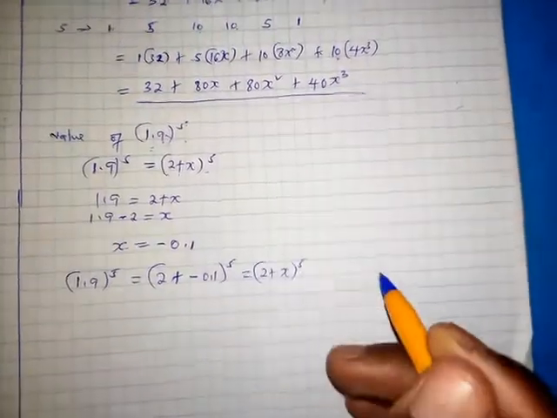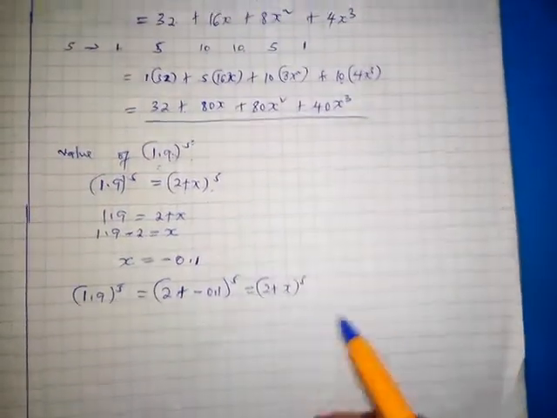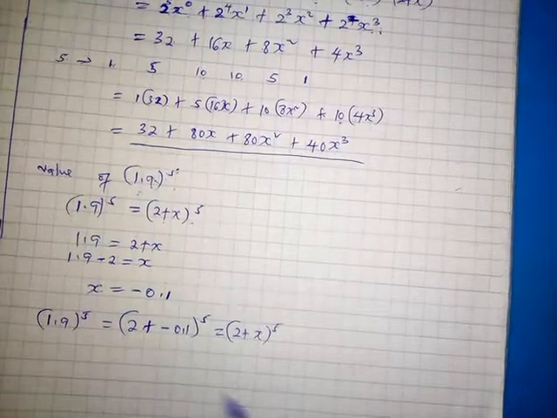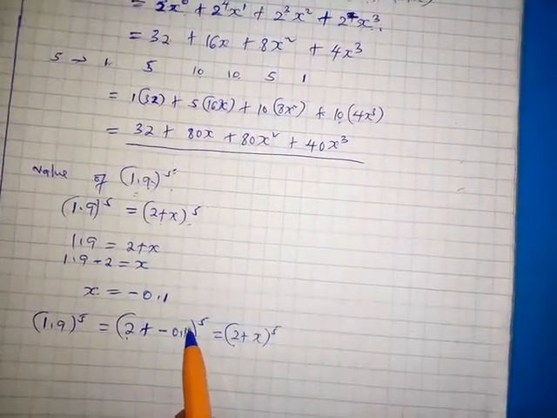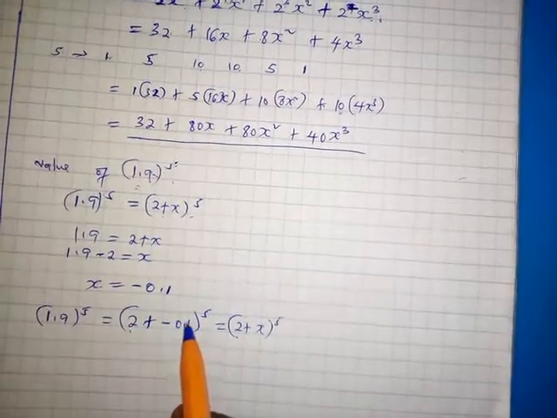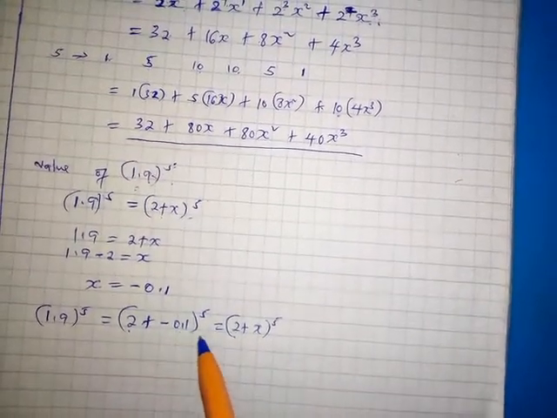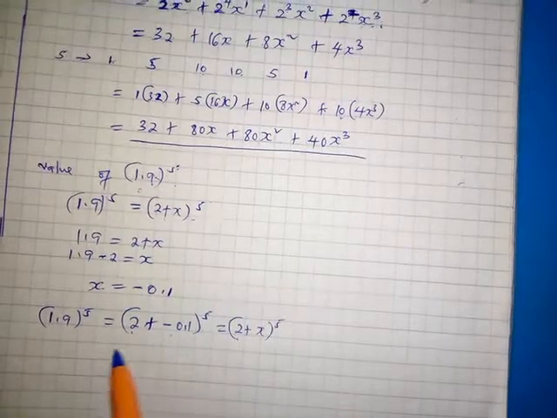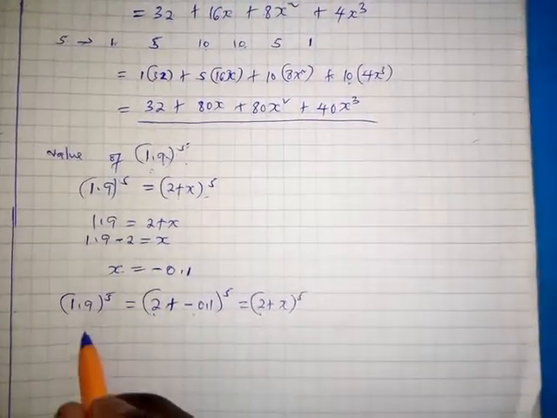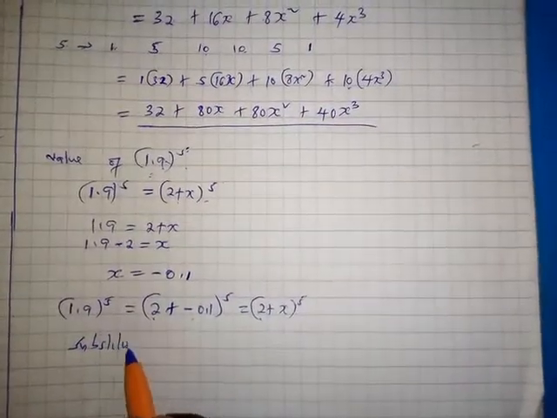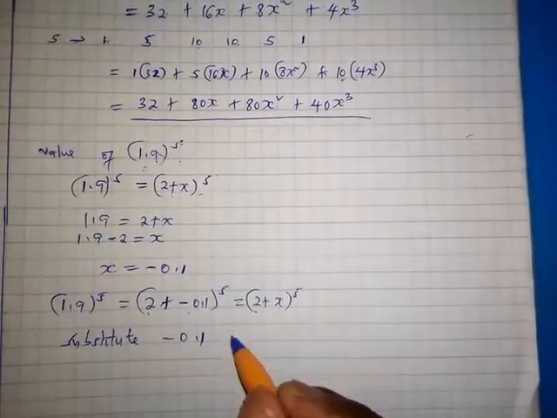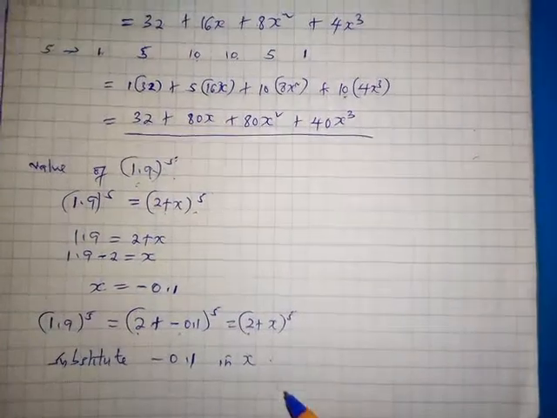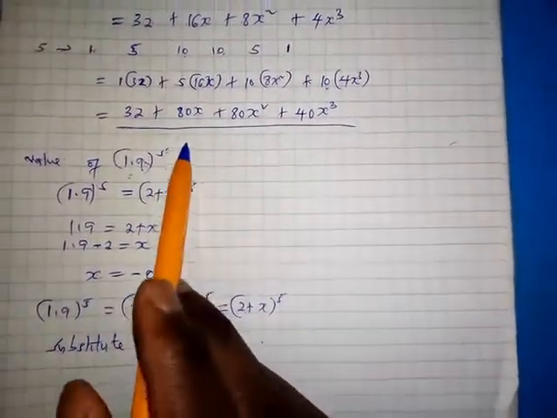So we just have to substitute the value of x, which is negative 0.1, in this expansion.